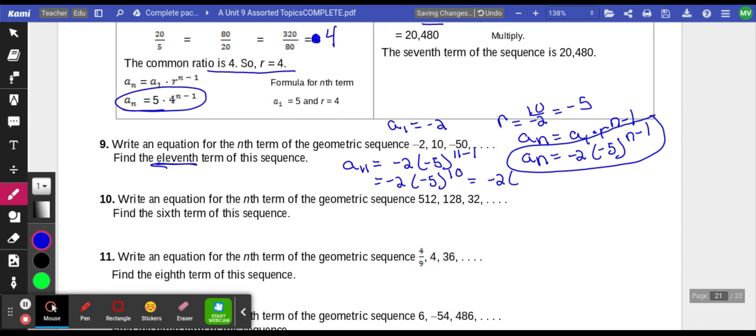So it's negative 2 times 9,765,625. And that gives me my final answer of negative 19,531,250.